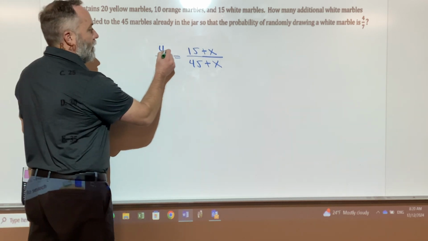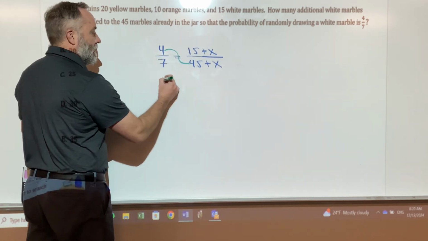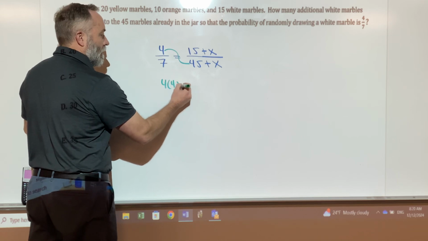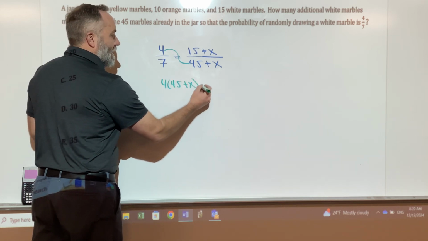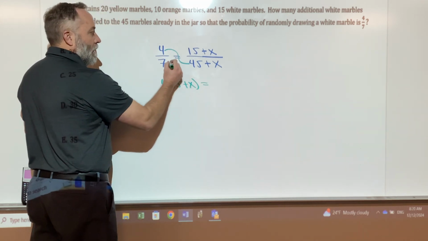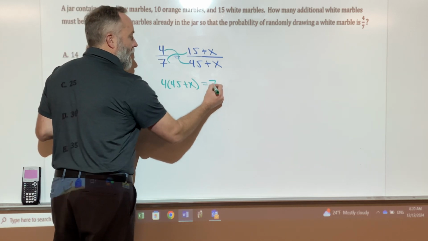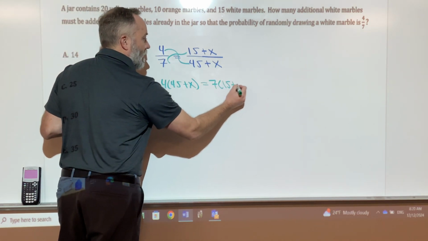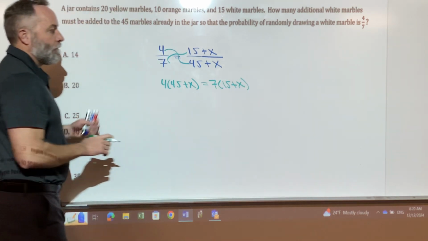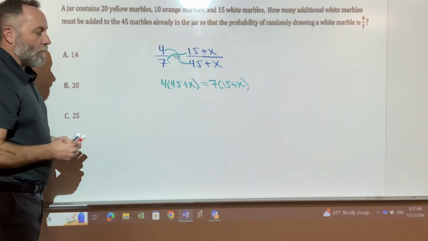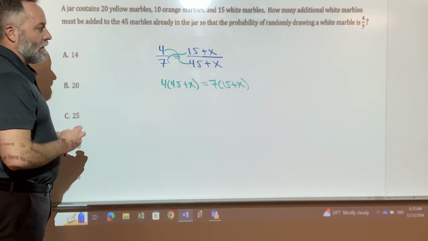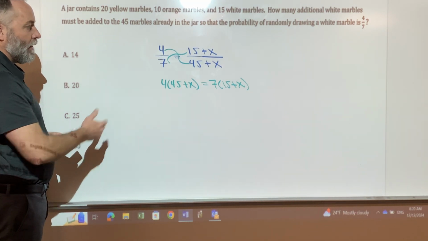So we're saying that 4 times 45 plus x, which would look like this, is equal to 7 times 15 plus x. And now that we have it set up that way, it's a relatively easy algebraic process to solve for x.